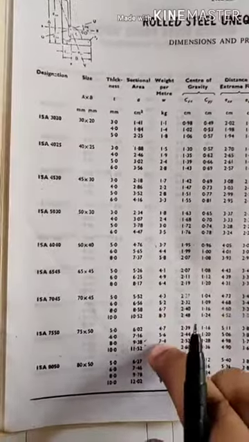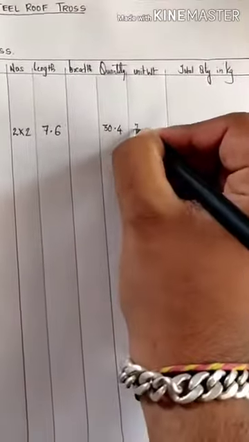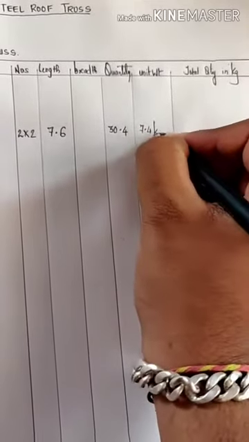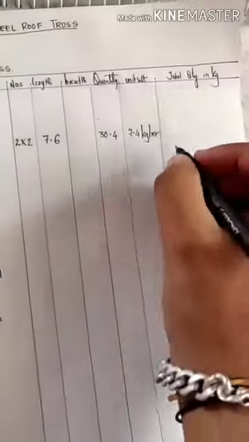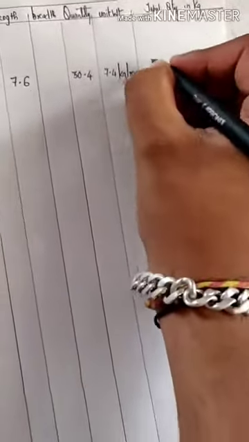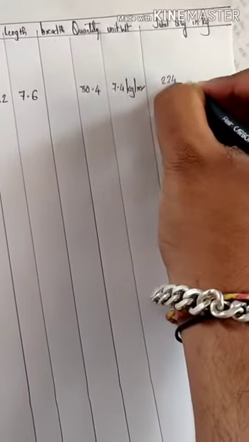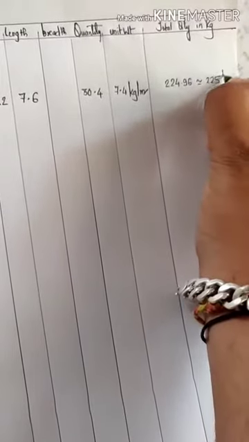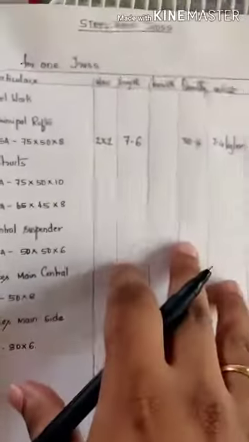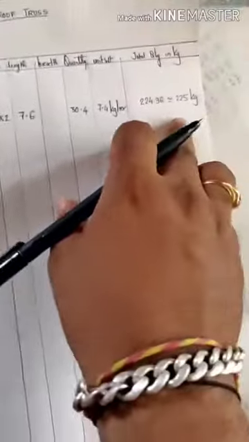It is 7.4 kg per meter. Now multiply this 30.4 into 7.4. What you get here is 224.96, round it off to 225 kg. So the kg required for the principal rafter is 225.